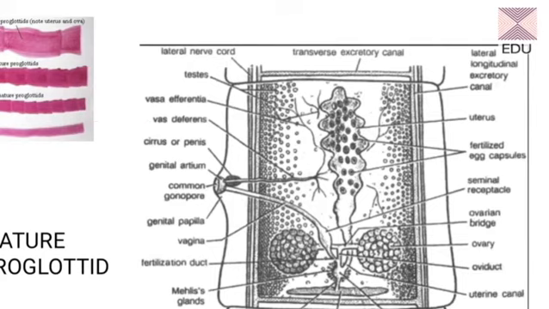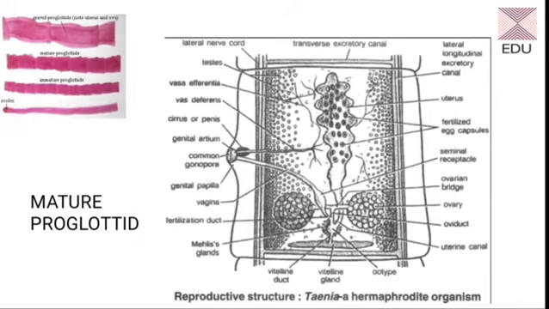Now students, if we come to the female reproductive system, the first organ is the ovary.